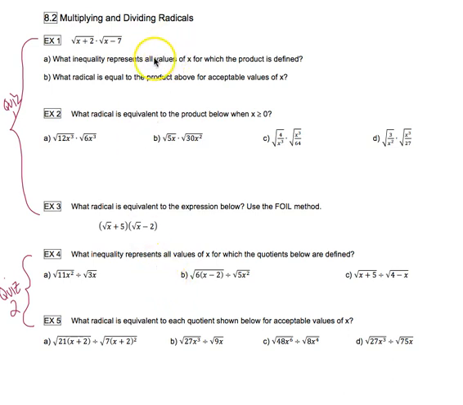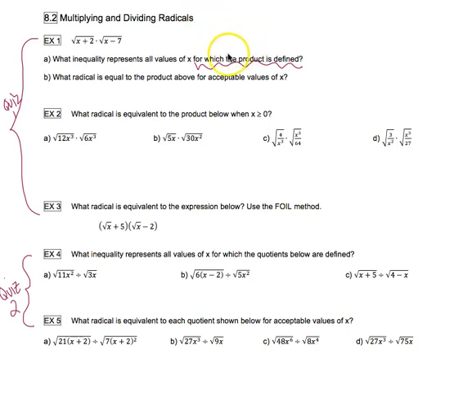So example 1, we have, you can see here, a product. We're multiplying these radicals. And part A says, what inequality represents all values of x for which the product is defined? So this is just saying, what is x allowed to be?